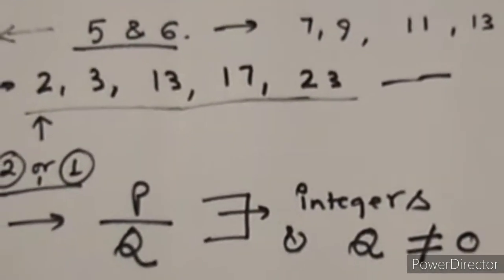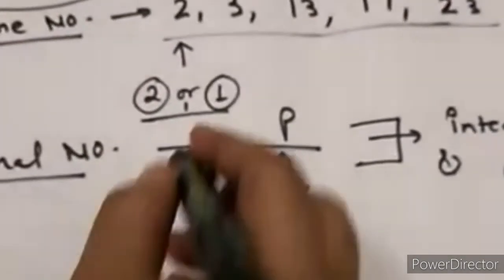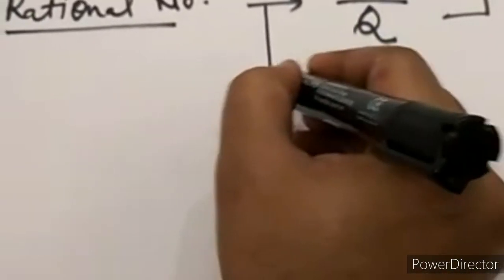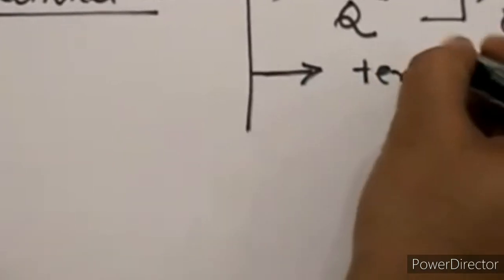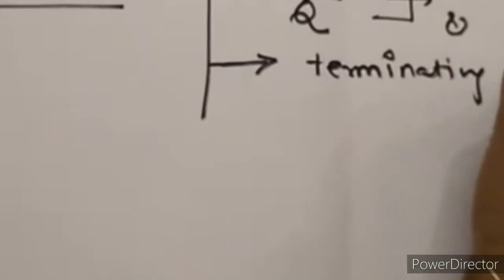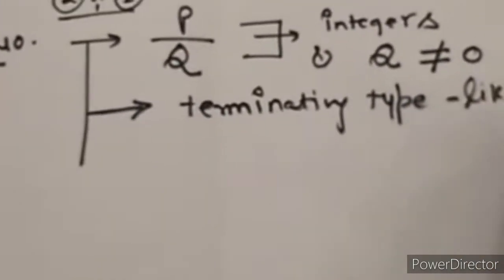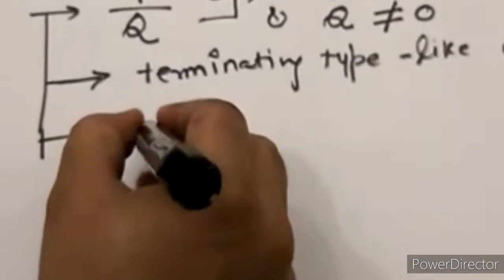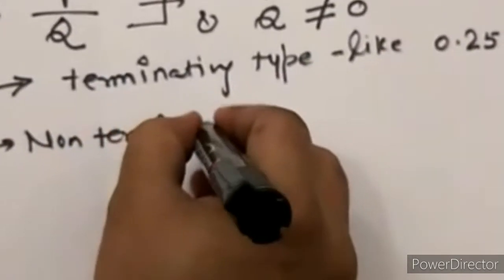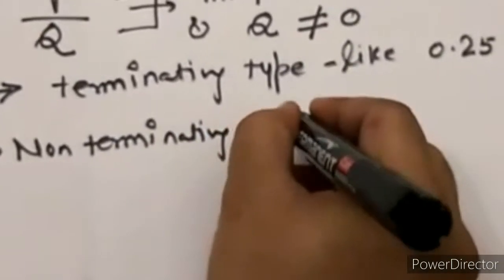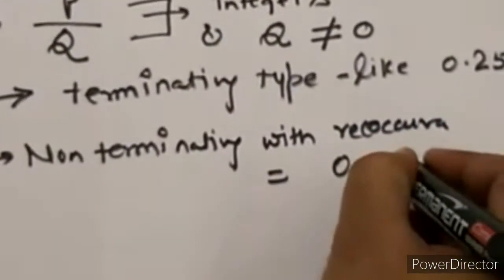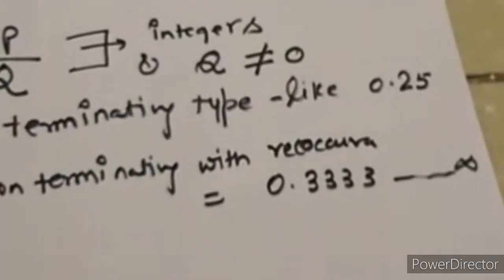Okay, but there is a catch, because in this form only those numbers are rational numbers whose decimals are either terminating type, like 0.25, it's terminating, or non-terminating but with recurrence, like 0.33333 for infinite terms.